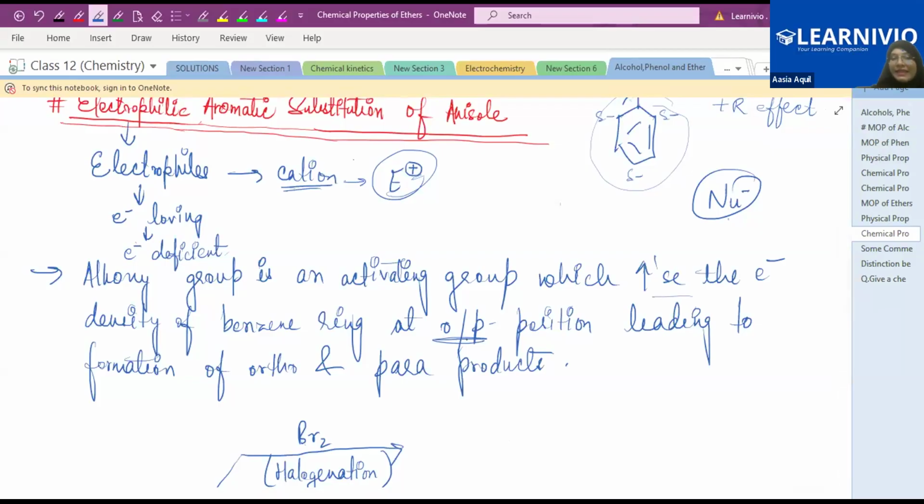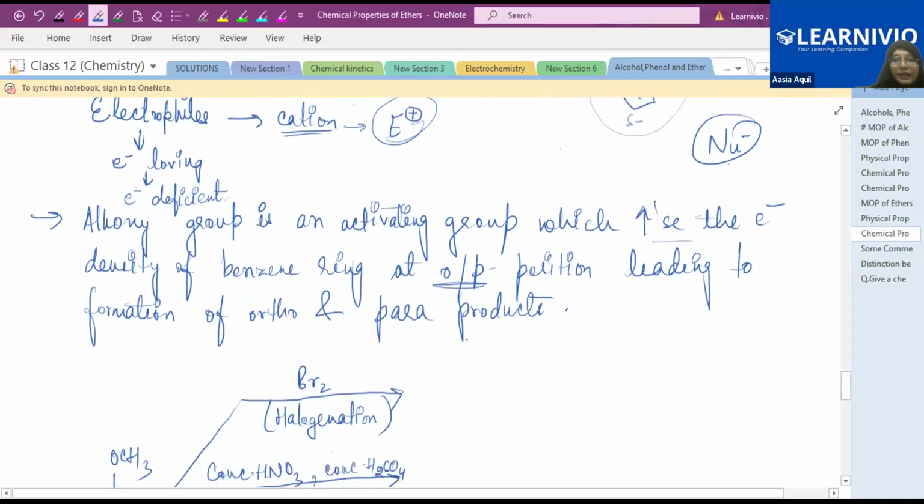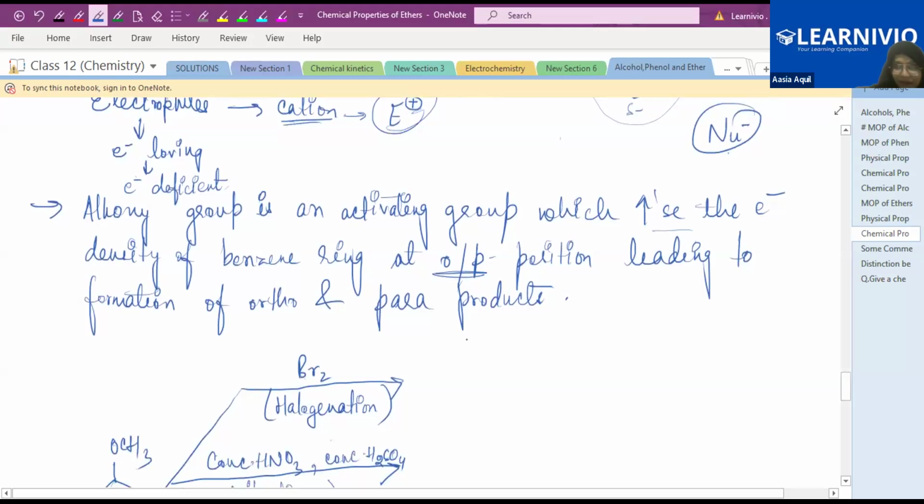So always remember, in the electrophilic aromatic substitution of anisole, or any group attached to the benzene ring which is electron donating, you will get ortho and para products because the electron density increases at the ortho and para positions, and due to that the electrophiles come and attack.